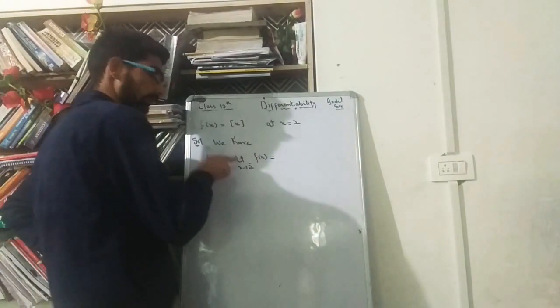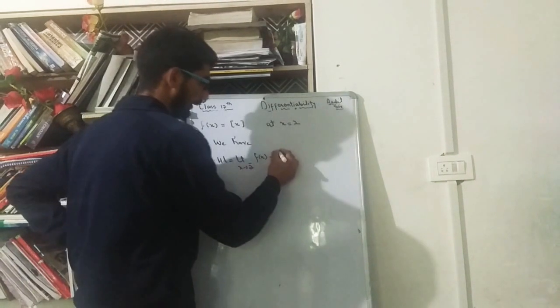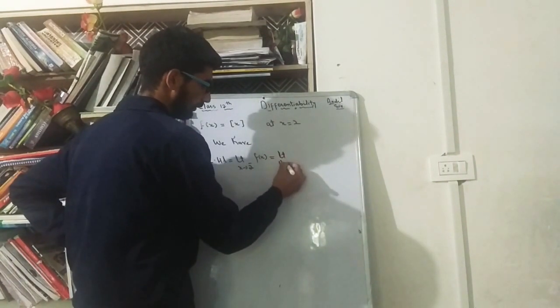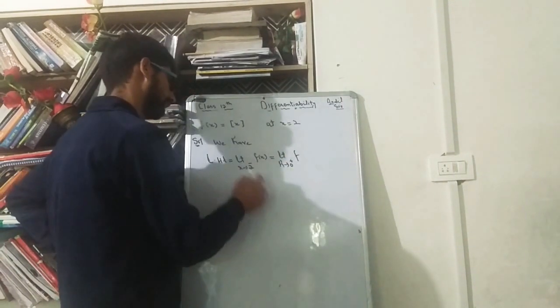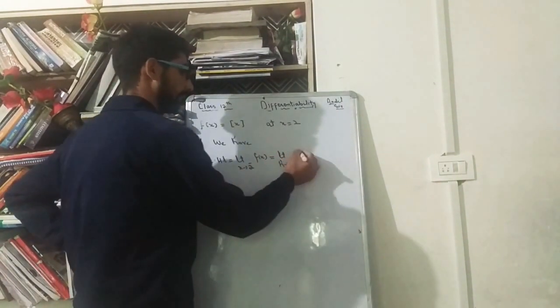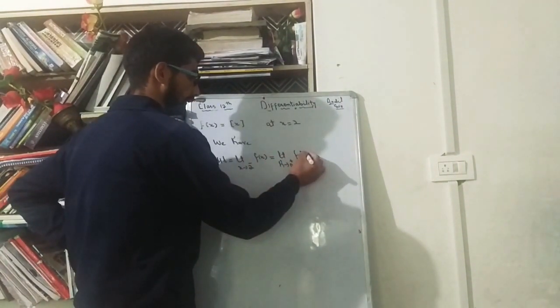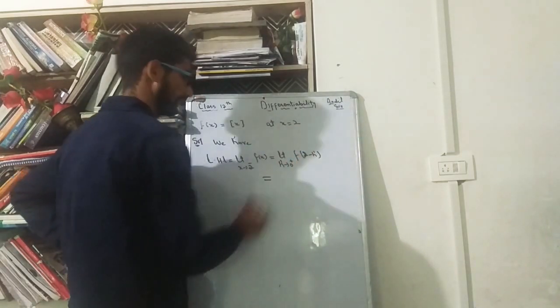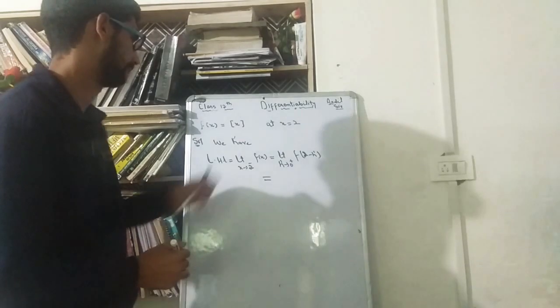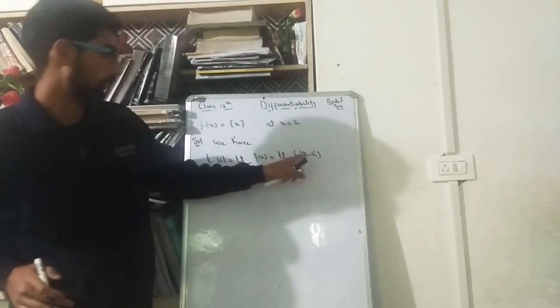By the substitution method, it is limit as h tends to 0 positive of f of 2 minus h.